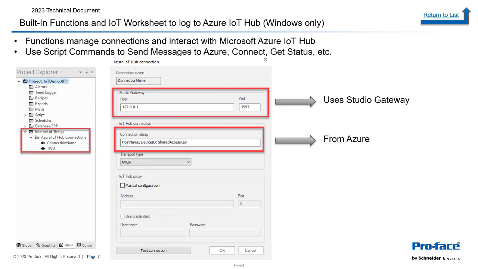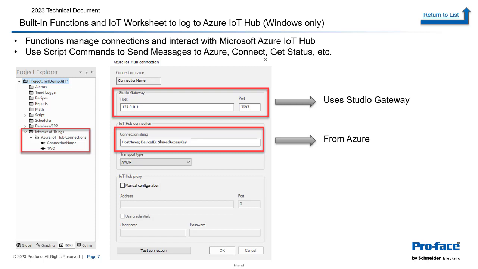Moving on, there are some new built-in functions in IoT Worksheet to log data to Azure IoT Hub. This is currently only available in Windows, so it's not working in HMI runtime. If you look, there's a new menu in the Project Explorer named Internet of Things, and the first thing added in there is this Azure IoT Hub connection.